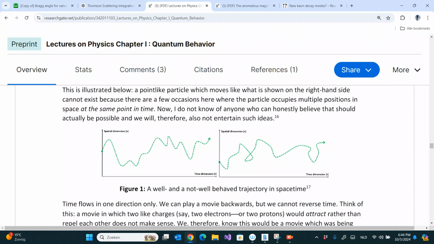A particle can be at two positions at the same time, or at the same time it can be at two different places. It doesn't make sense. Time travels in one direction only. That's the definition of motion. That's the definition of a well-behaved trajectory in space-time, and that's it.